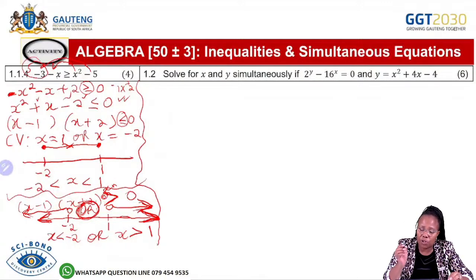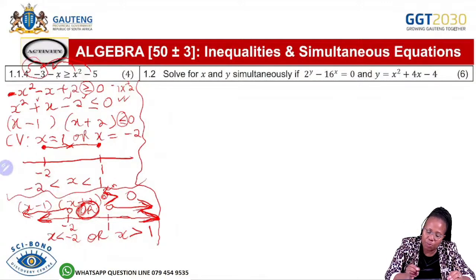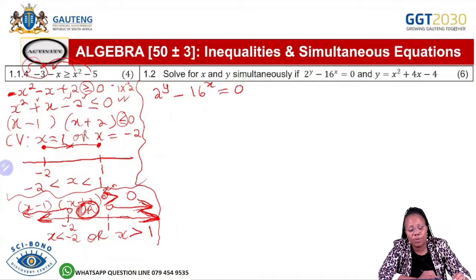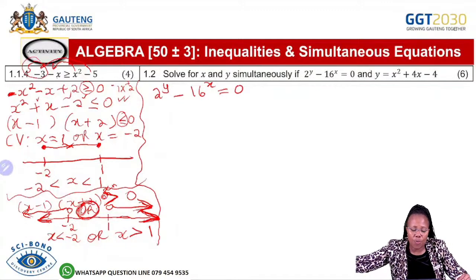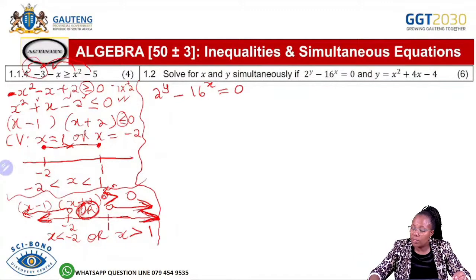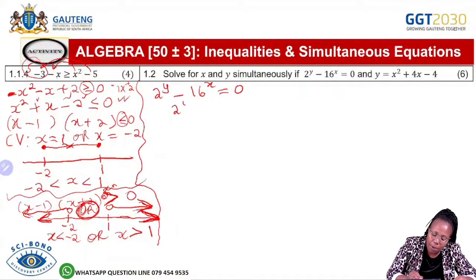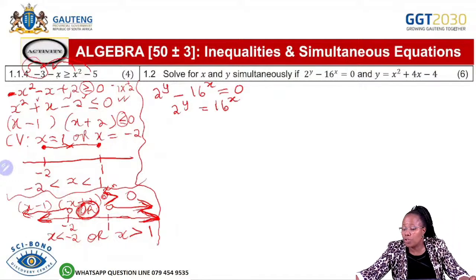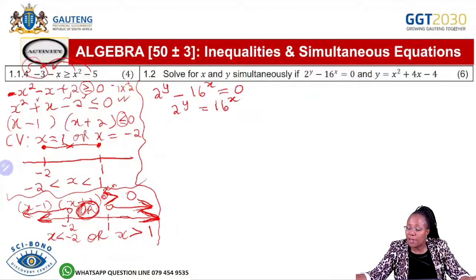We take the exponential equation as our starting point: 2 to the power y minus 16 to the power x equal to 0. Since this is an equation, we transpose the 16 to the right. This will be 2 to the power y, and the 16 will be positive 16 to the power x when you transpose it to the right.